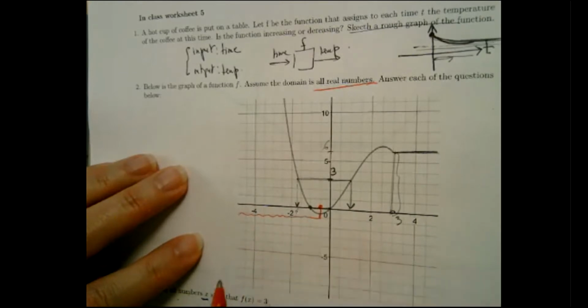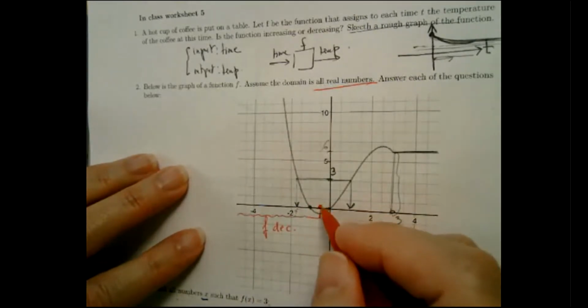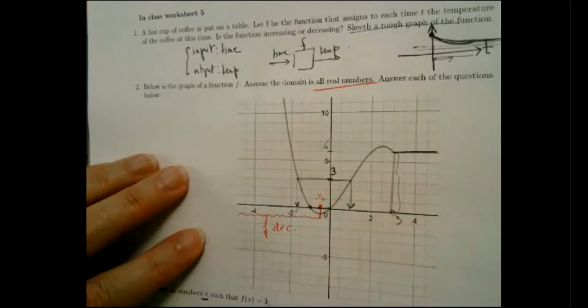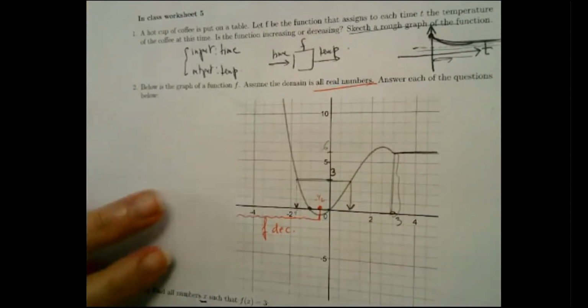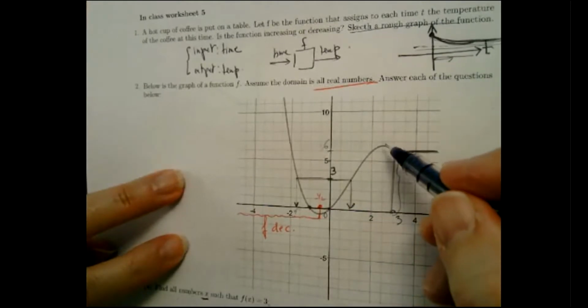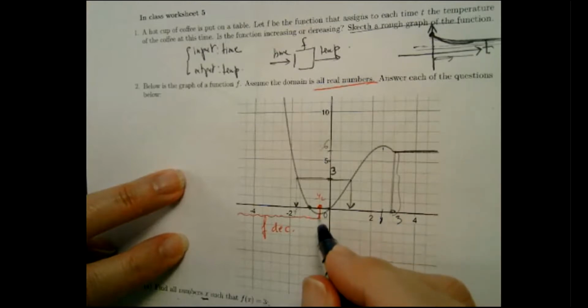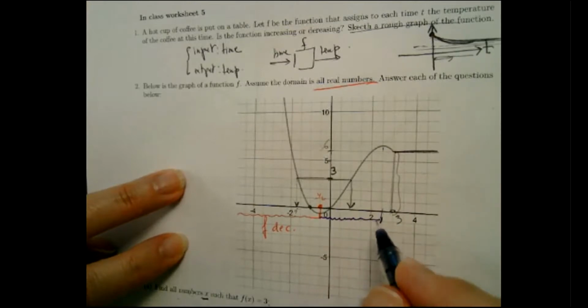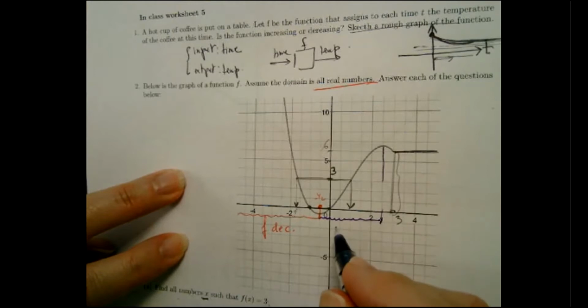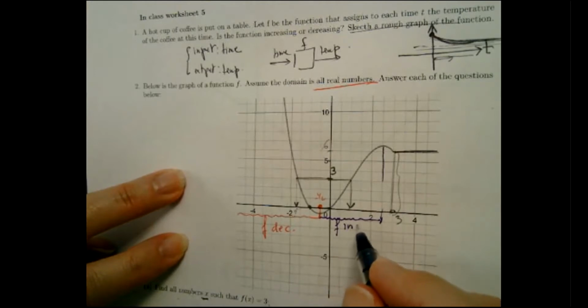So up to here, f is decreasing. And according to my graph, this is -1/2. And then what does the graph start doing? The graph is rising all the way up to here. So all the way to here, my f is increasing.